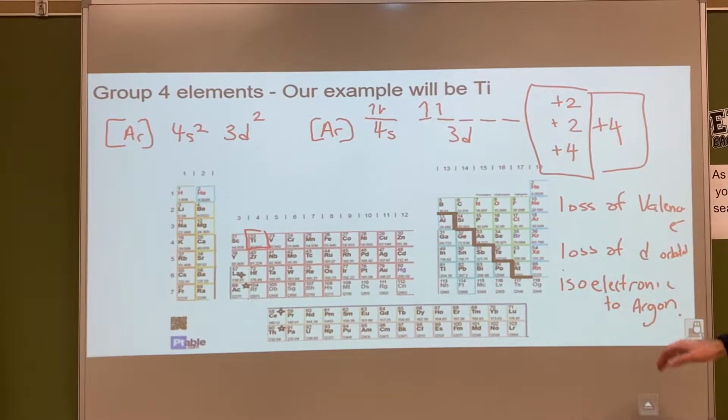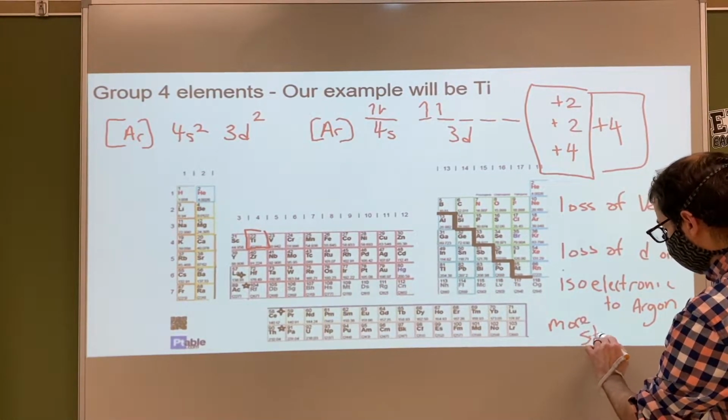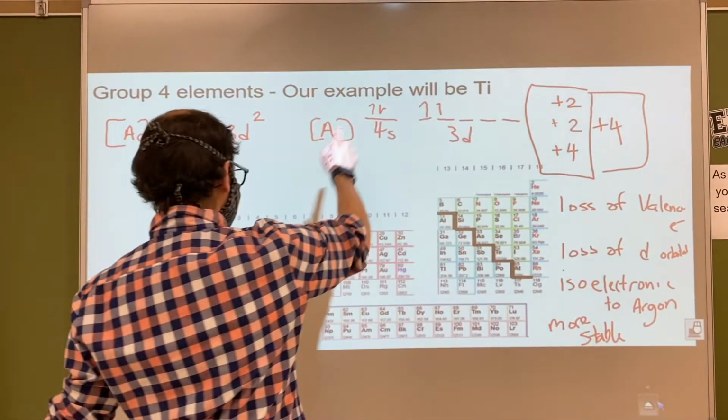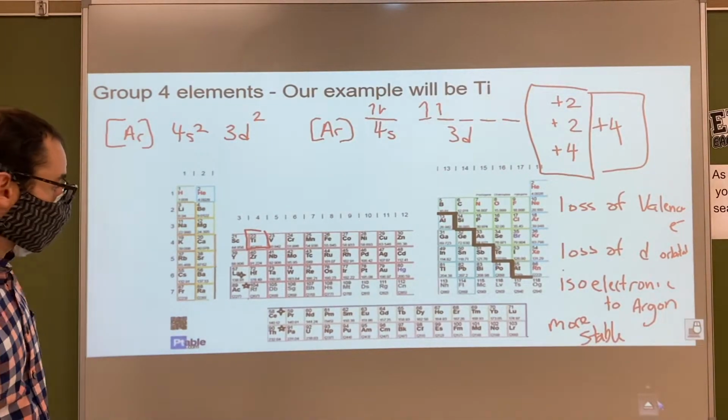So all of this makes it more stable. All right, and that's how we do titanium. And again, pretty much everything in that group is going to do something similar.